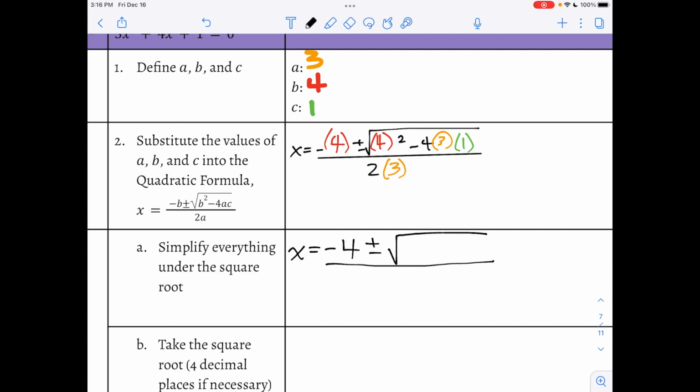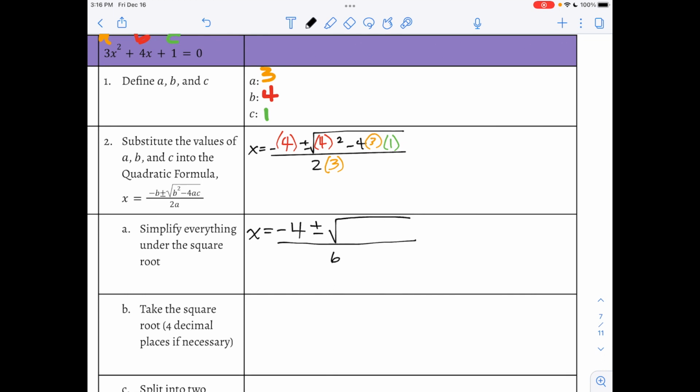And I'll simplify that bottom 2 times 3, which is 6. I'm going to do this simplifying in 2 steps. The first step is 4 squared is 16. And then 4 times 3 times 1: 4 times 3 is 12, times 1 is 12.